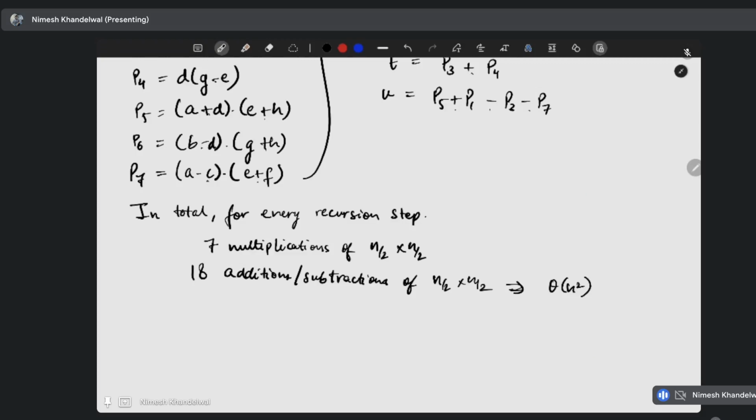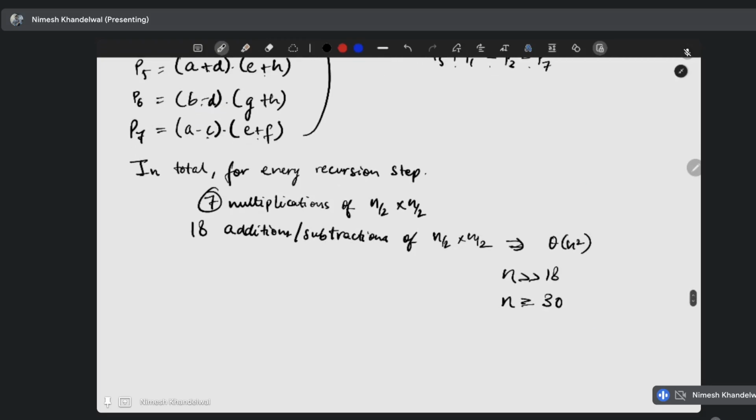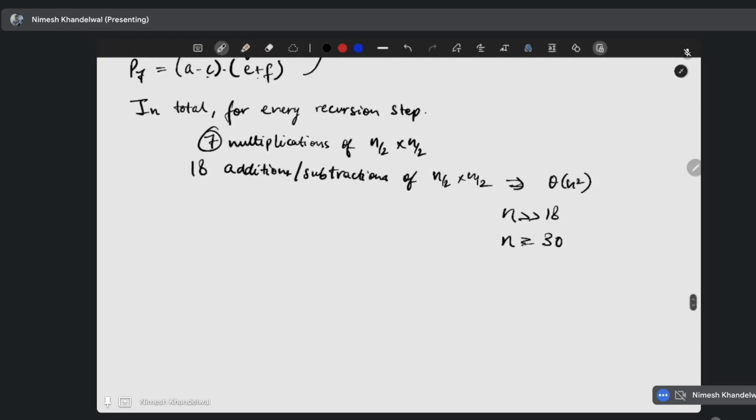So clearly we will start seeing the effects of the algorithm only when n is much greater than 18, and practically we see speed ups for n bigger than 30, right? But because there are only 7 multiplications instead of 8, the recursion relation is 7 times T of n by 2 instead of 8 times, and then order of n squared, right?